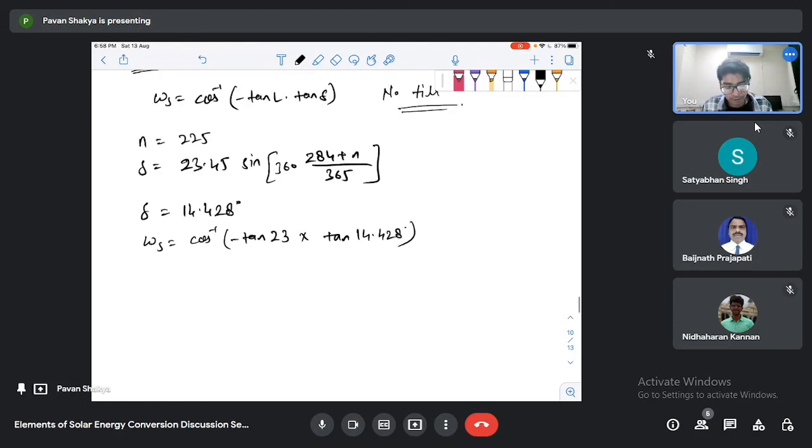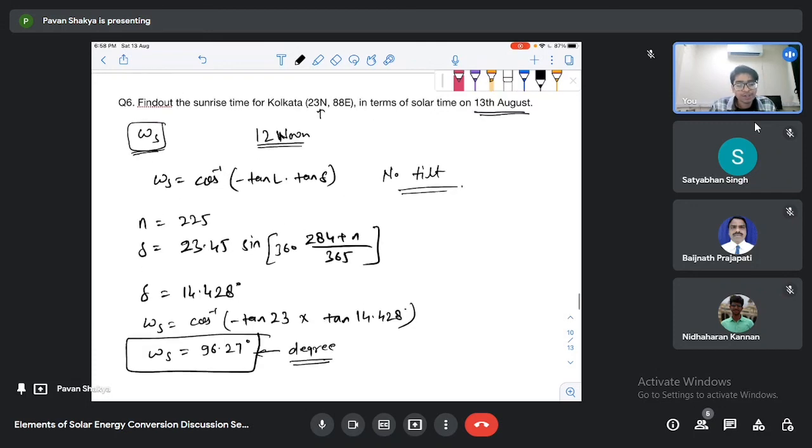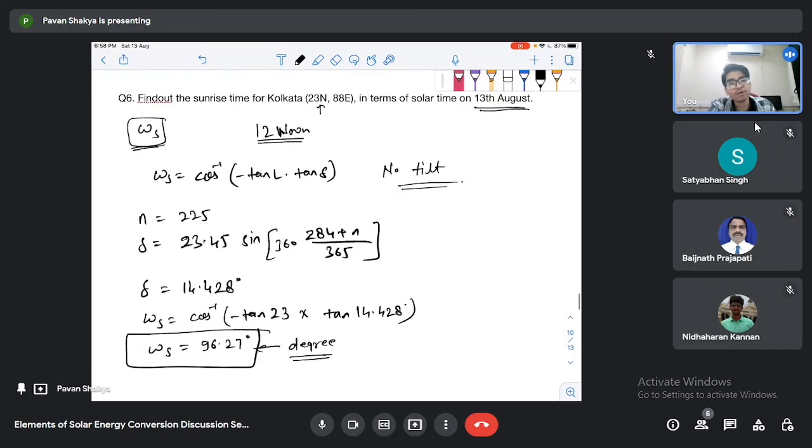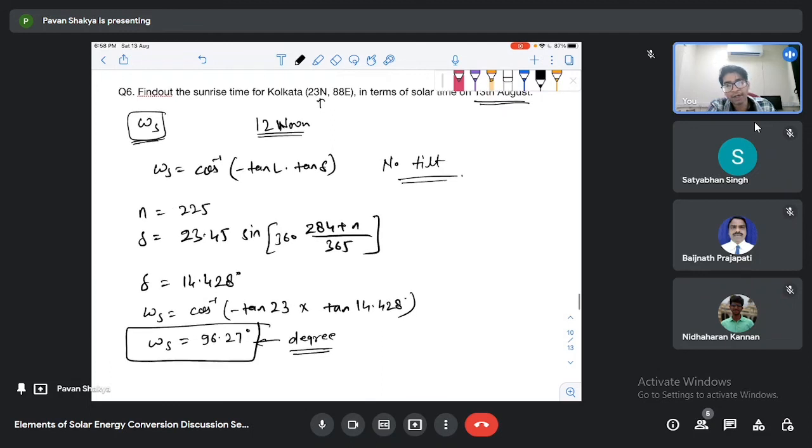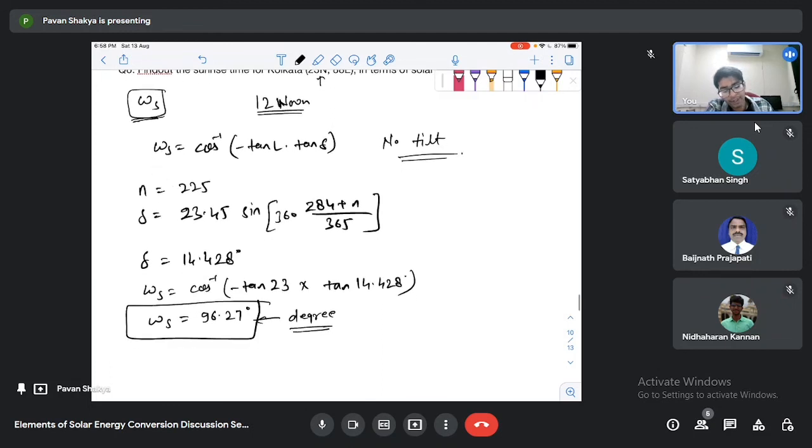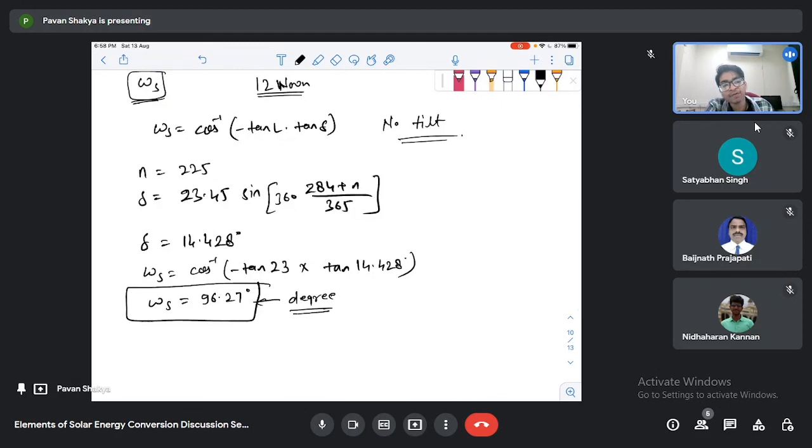When you solve this, you will find that omega s comes out to be 96.27 degree. Now this omega s is in terms of degree, but we have to calculate the sunrise time in terms of hour and minute, so we need to convert this omega s into hours.